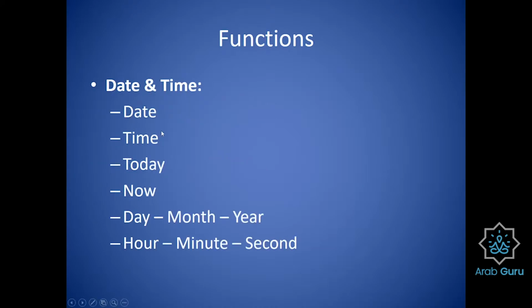Date and time functions are some ready-made functions that use the data, which is date or time, to do some operations regarding date and time. We will be discussing the following 10 functions: 1, 2, 3, 4, 5, 6, 7, 8, 9, 10.